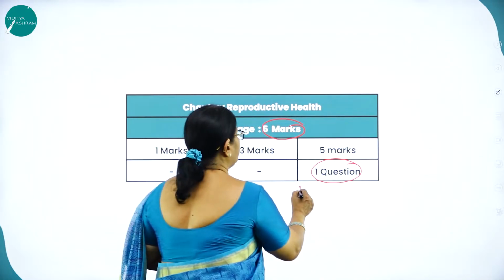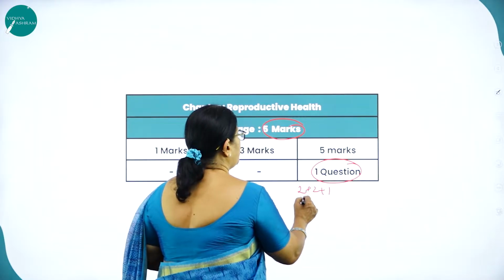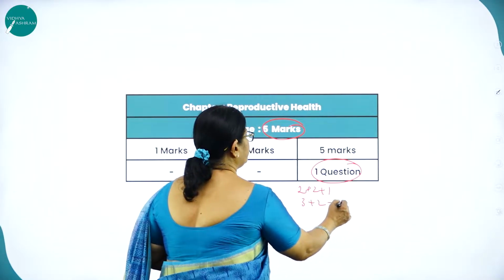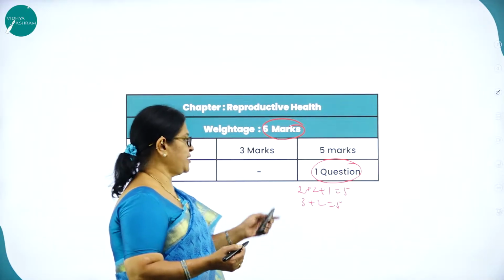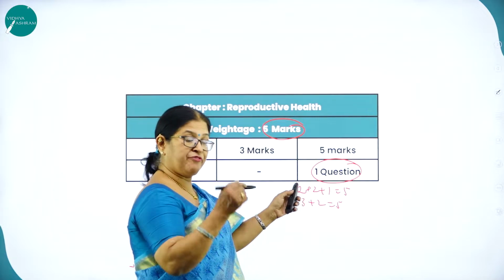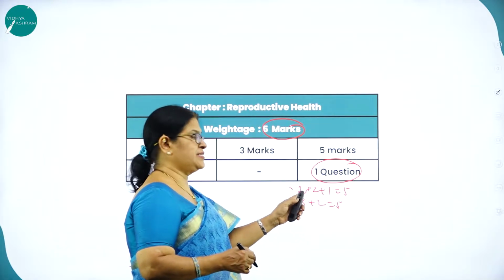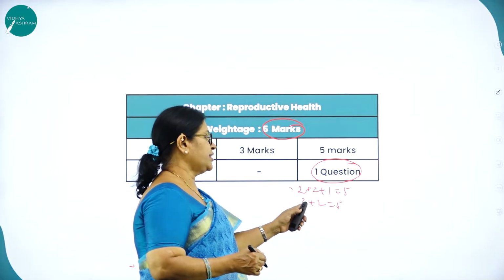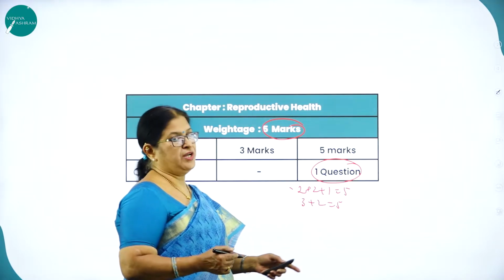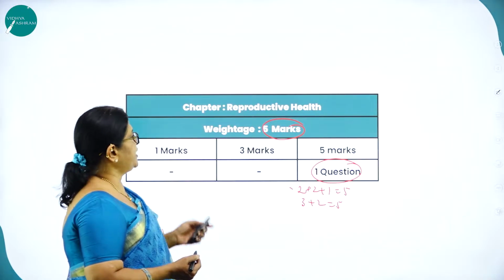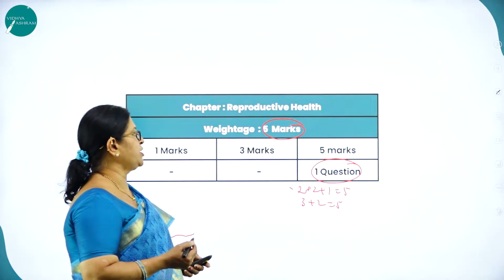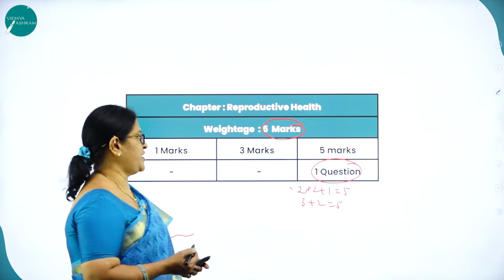It might be 2 plus 2 plus 1 or 3 plus 2 equals 5. This is how the questions will be asked in the board exam pertaining to this chapter, and the weightage of marks is 5 marks.